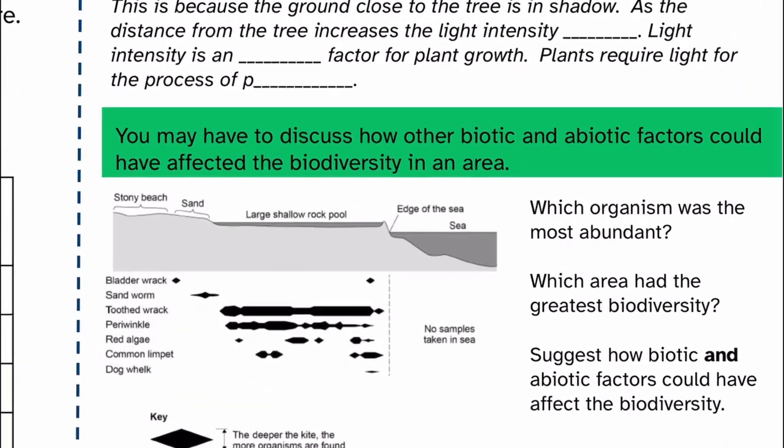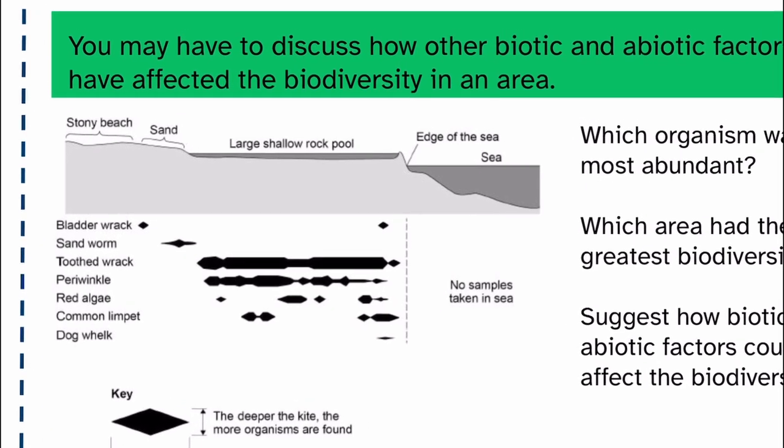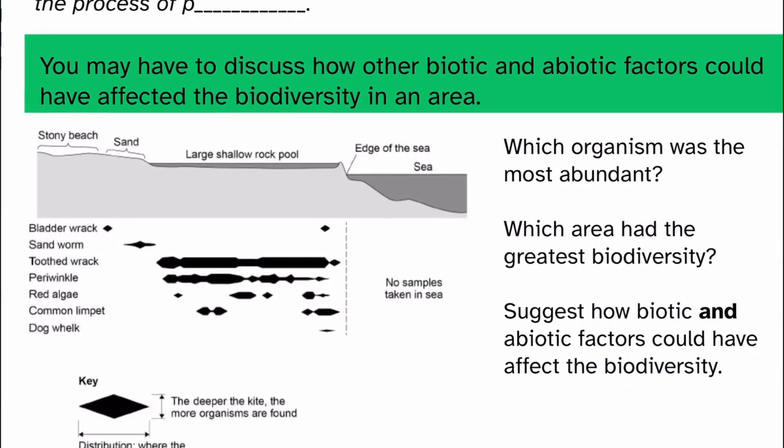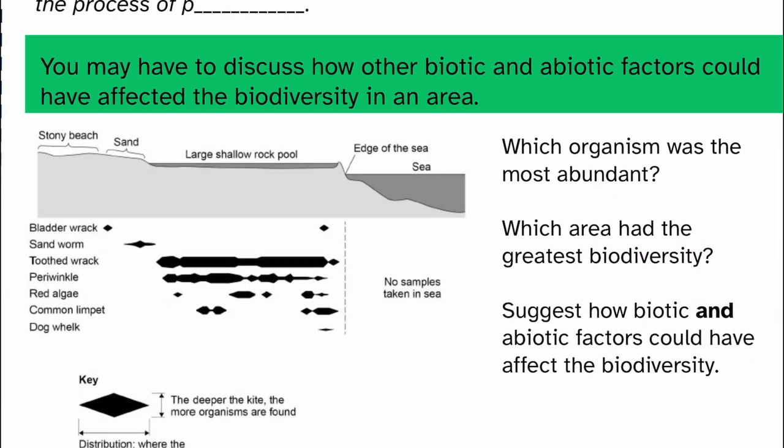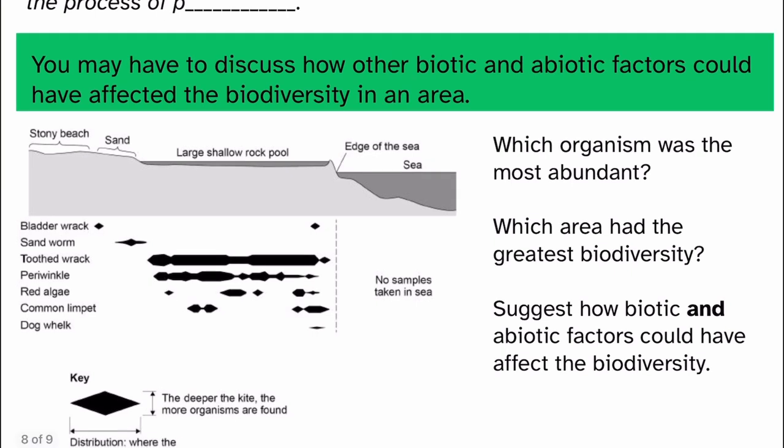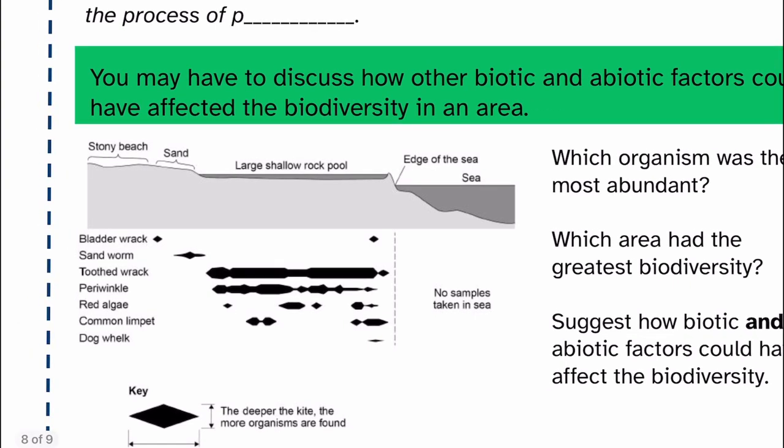Here is another one, a transect, and this was on a higher paper. It's a bit of a tricky question, this one. They've done a transect, so basically they've started their tape measure here and placed their tape line, and they've used quadrats all the way along and looked at these different populations as they've moved along.